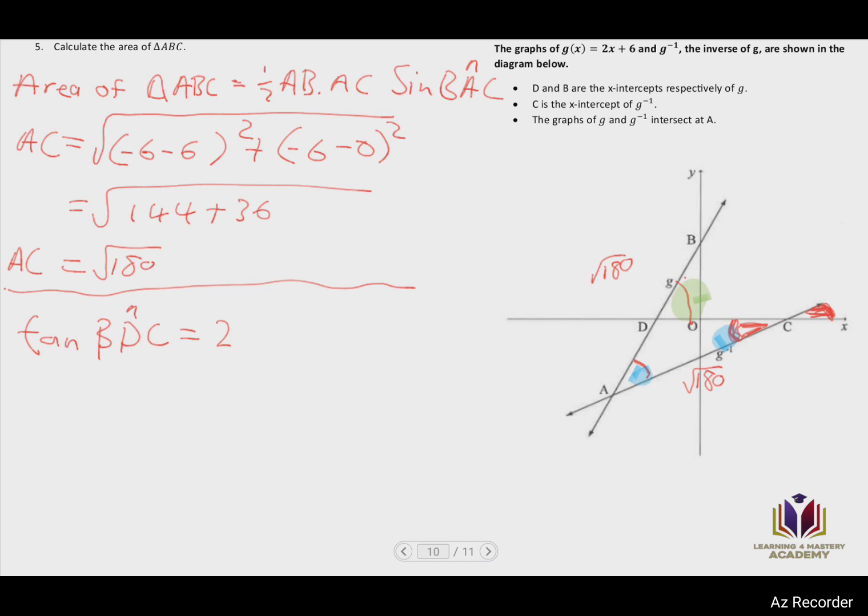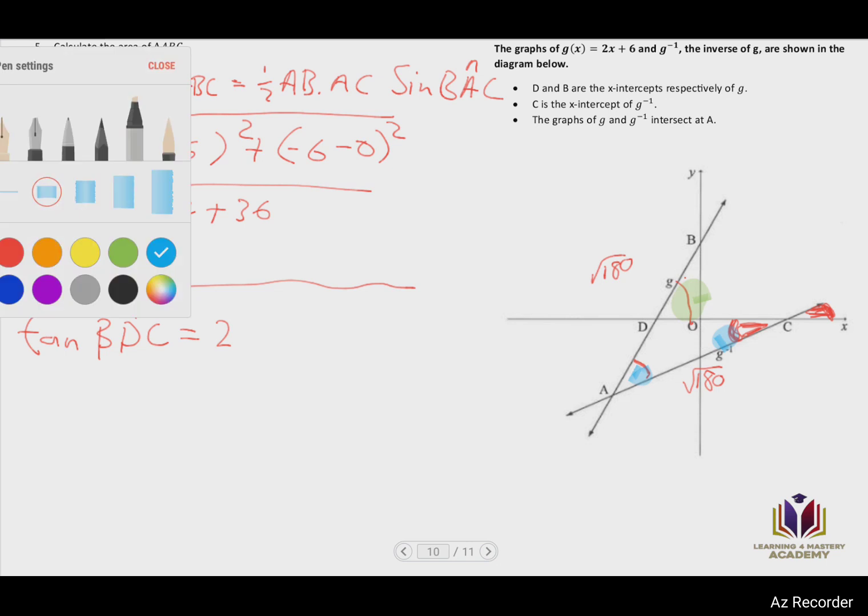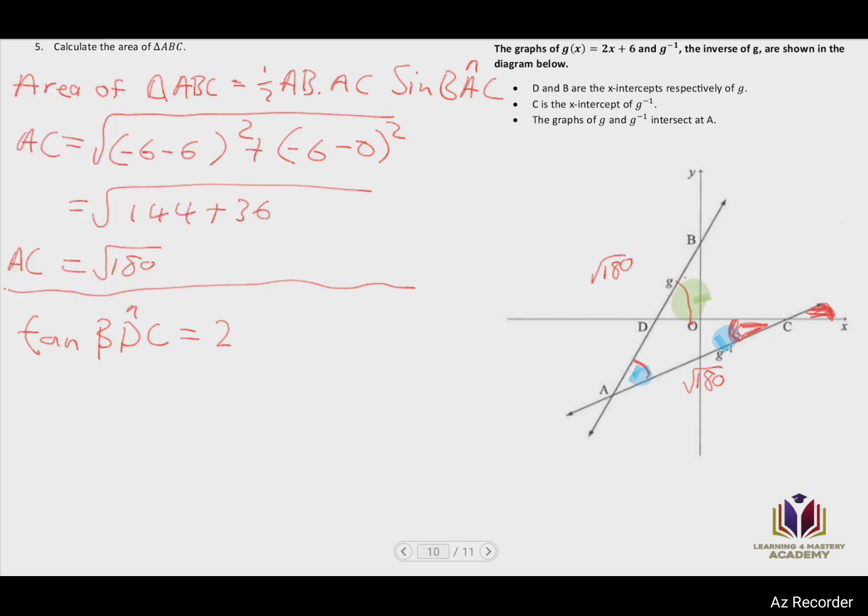Because the angle C, I'm going to find it using the angle of inclination as well. Angle D, I'm going to find it using the angle of inclination. So ultimately, my unknown is going to be angle A. Okay, I hope that makes perfect sense. Now let's get to it. So let's find BDC first.